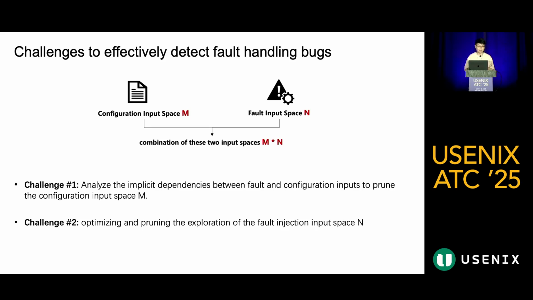In practice, many configuration items do not affect fault handling logic and can be skipped during testing. But because there are so many configuration options and their meanings are often complex, it's hard to automatically tell which ones actually matter for fault handling logic. The second challenge is how to smartly explore and narrow down the fault injection input space.